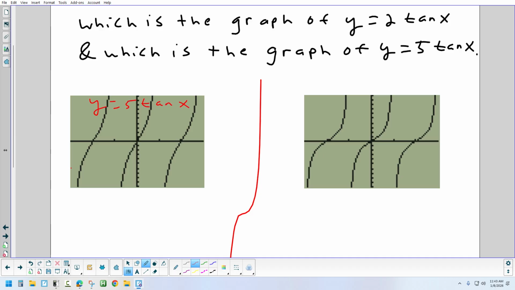The one on the left is 5 tangent x. So imagine this was a piece of metal and it had that curve in it. And you start to stretch it. What's going to happen as you stretch it? It's going to start to straighten out. The curve doesn't quite go away, but it does start to become less. So that's 5 tangent x. This is 2 tangent x.